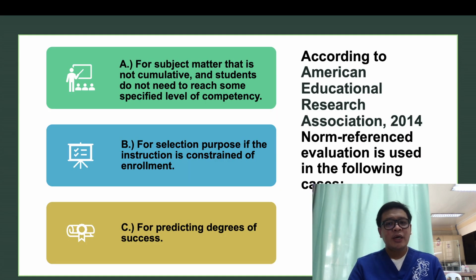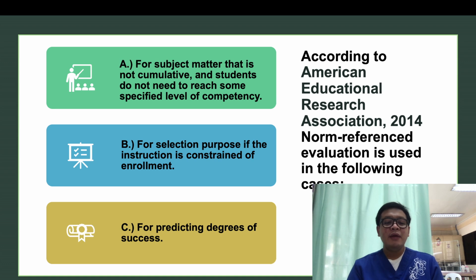According to the American Educational Research Association 2014, norm reference evaluation is used in the following cases. Number one, for subject matter that is not cumulative and students do not need to reach some specified level of competency. The second one is for selection purposes if the instruction is constrained by enrollment.